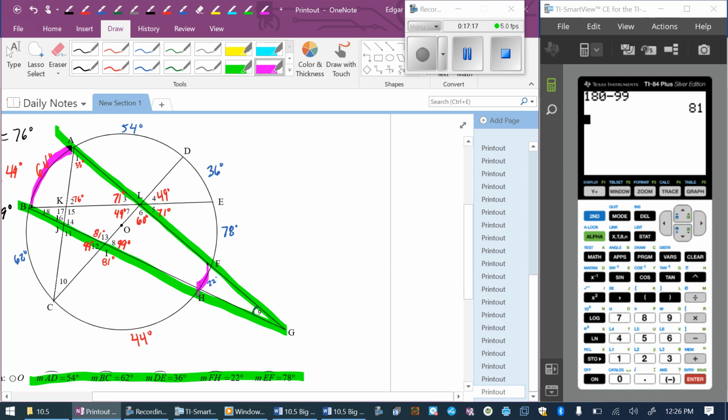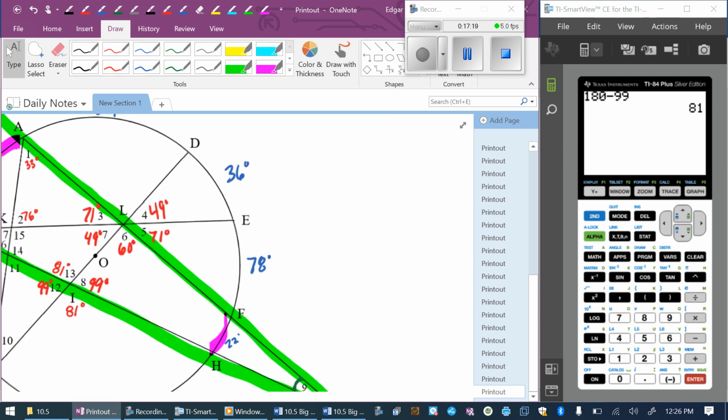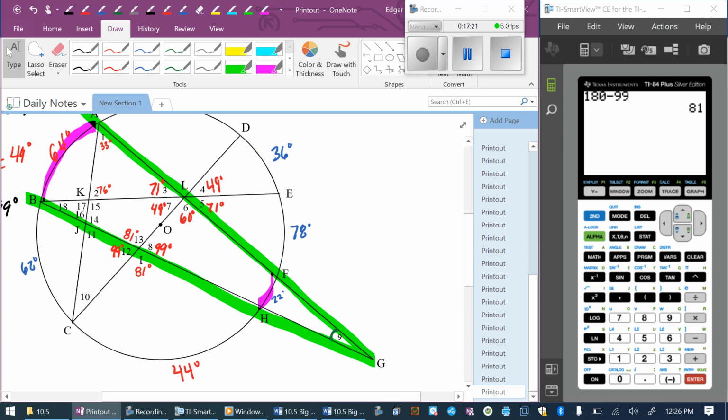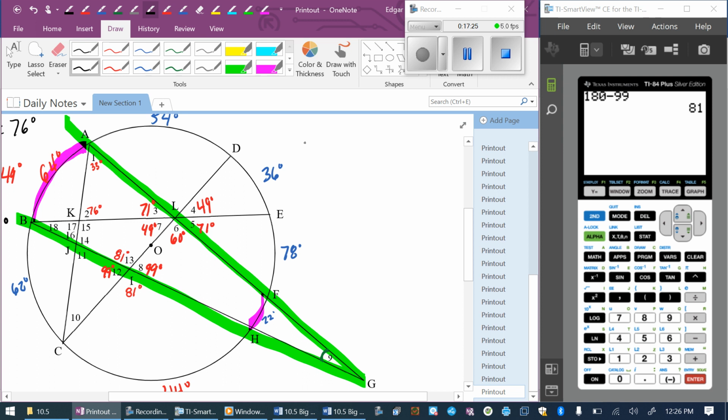So I'm going to go ahead and do what I usually do for an angle that's outside of the circle. So that's going to be the measure of angle 9 is equal to the big arc, 64, minus the little arc this time. Remember, we're subtracting this time because it's outside of the circle, and then we divide it by 2.